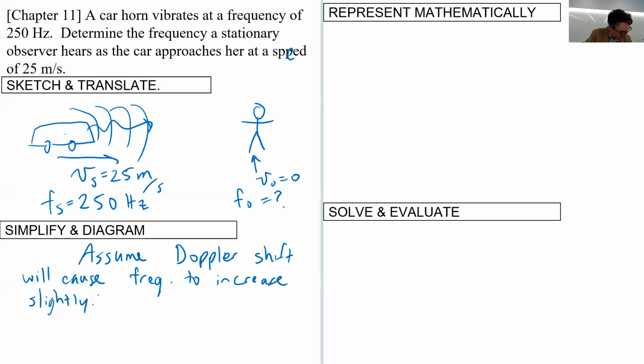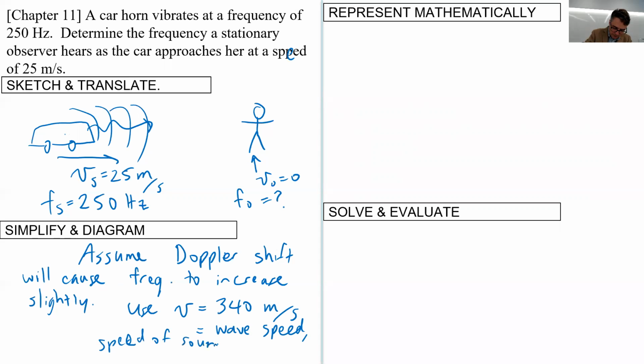That's my kind of guess. Let's use V equal to 340 meters per second as the wave speed of sound. And hopefully on the final assessment, I would actually give you that equation. You can use 340 if it's not there.